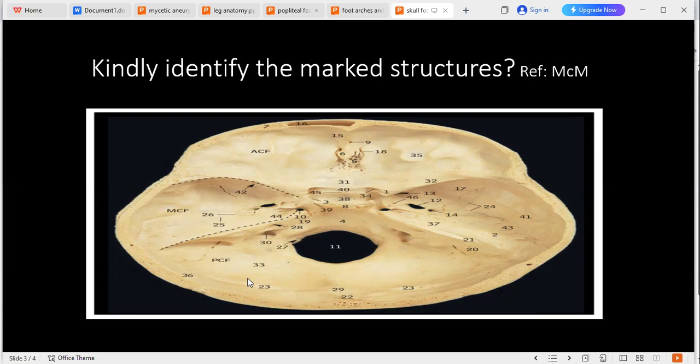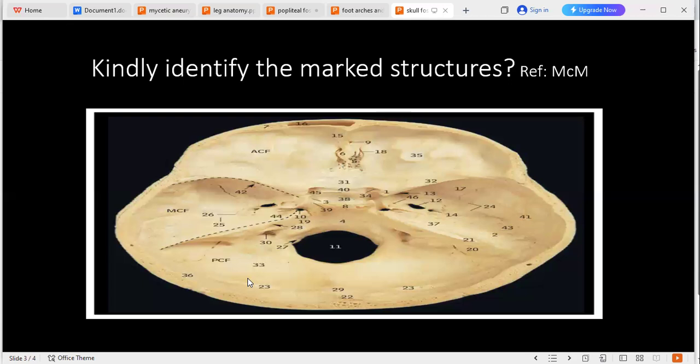And then posterior cranial fossa, anteriorly is the dorsum sellae and the clivus, and laterally is the petrous part of temporal bone and the parietal bone, and posteriorly is the occipital bone. Yes, very good.